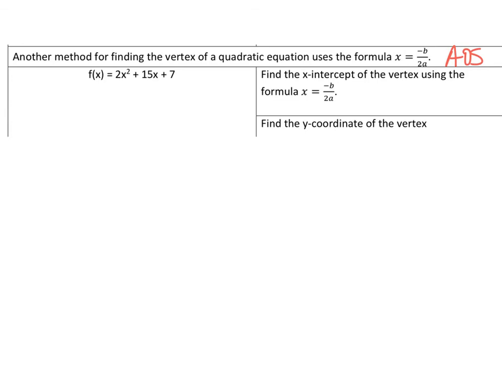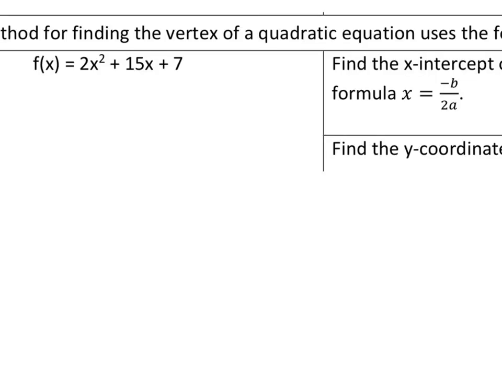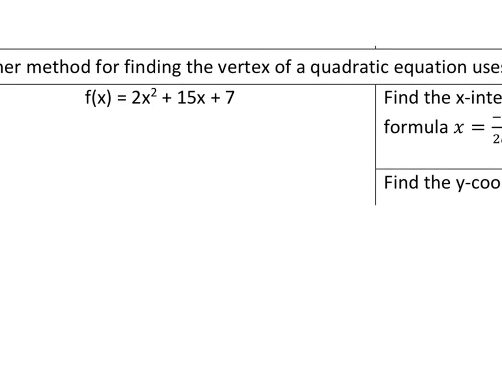If we look at our function right here, 2x squared plus 15x plus 7, we know it's going to be a minimum because the 2 is positive. So we're going to identify our a, b, and c. This is standard form, so a is the coefficient of x squared, b is the coefficient of x, and c is our constant, which is 7. It's the number that's by itself.